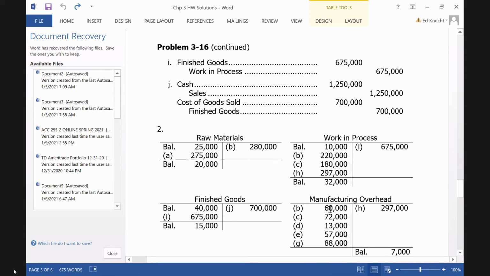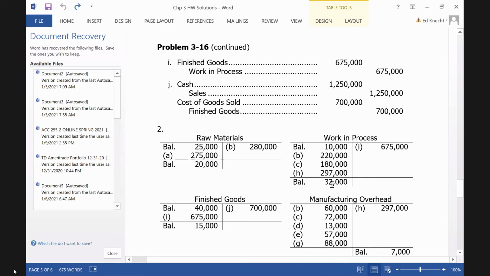See that? The direct labor was simpler. It was $180,000, right? We applied the overhead of $297,000. We had a beginning balance of work in process. We had direct material costs, direct labor costs. We applied the overhead. We transferred out $675,000. So there's only $32,000 left.